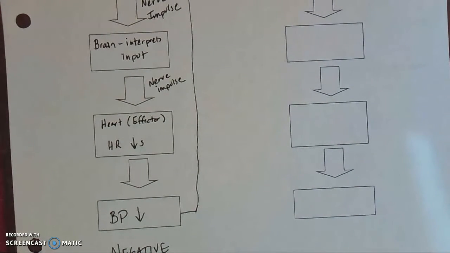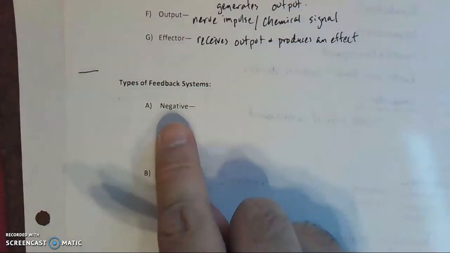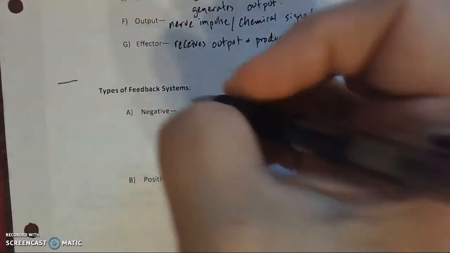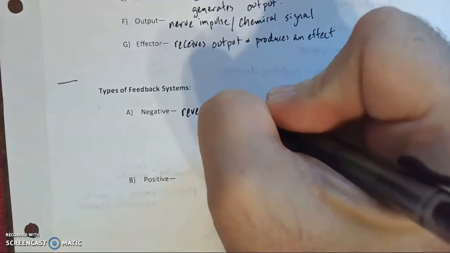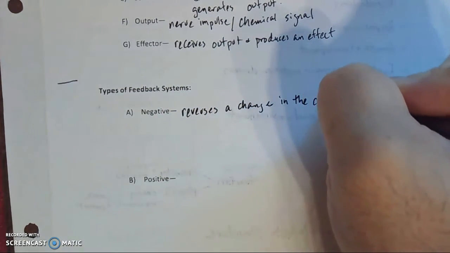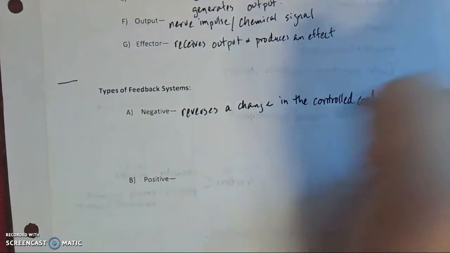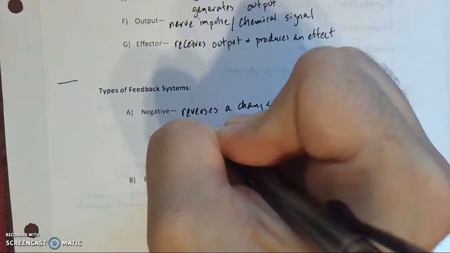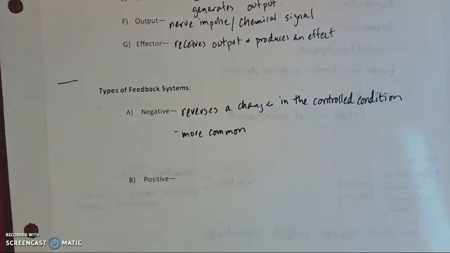So if we go back to the types of feedback systems on the previous page, you can see that we have a negative feedback system. This reverses a change in the control condition. This is the more common of the two types of feedback systems. So negative reverses a change in the control condition.